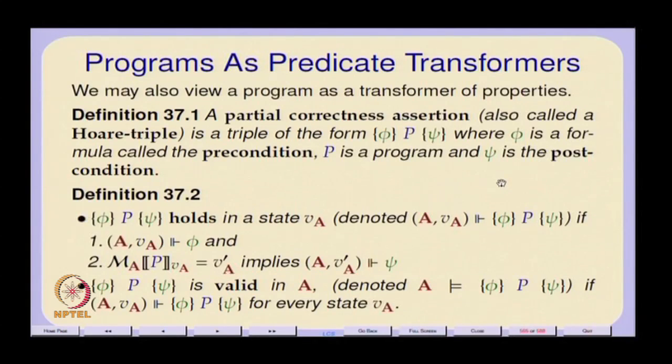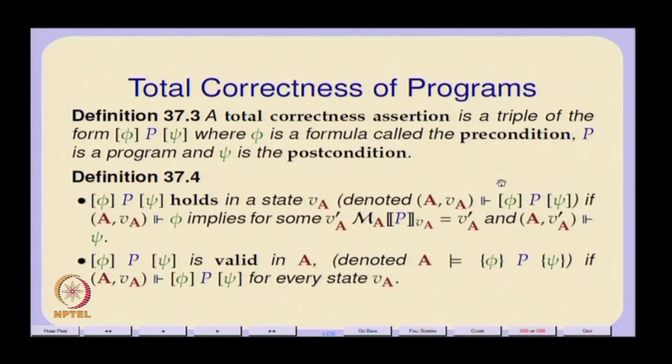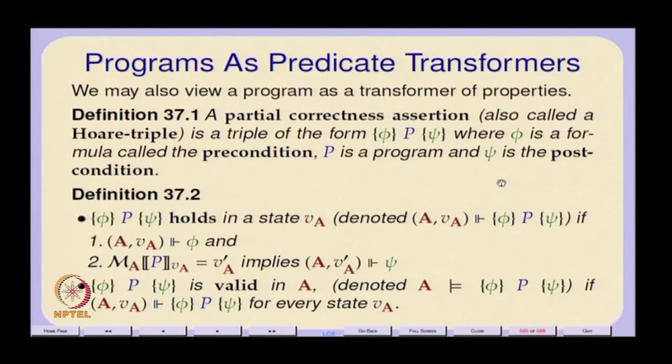So, now programs therefore are predicate transformers, and this is the concept that was probably hardest for people to understand in first year in my programming courses. But the important thing here is that this only defines partial correctness. As I said, this one says that if the meaning of P under V A is a valuation V A prime, then V A prime should satisfy psi.